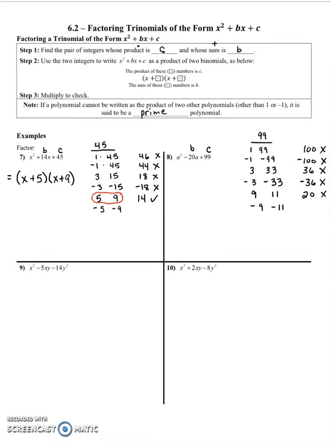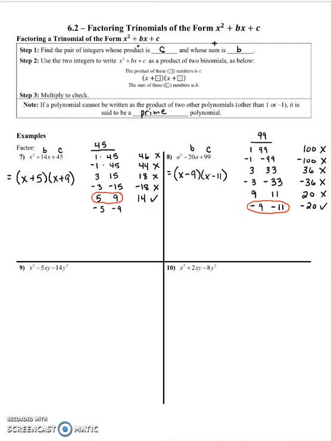So that's not it. So -9 and -11. Finally, there is our -20. So our two numbers are -9 and -11. So when we write our product of the binomials, we have x minus 9 times x minus 11.